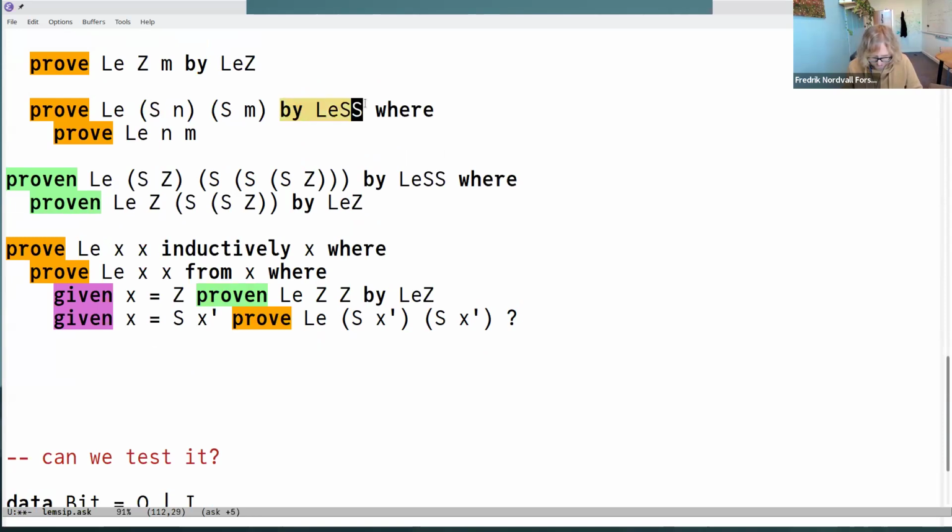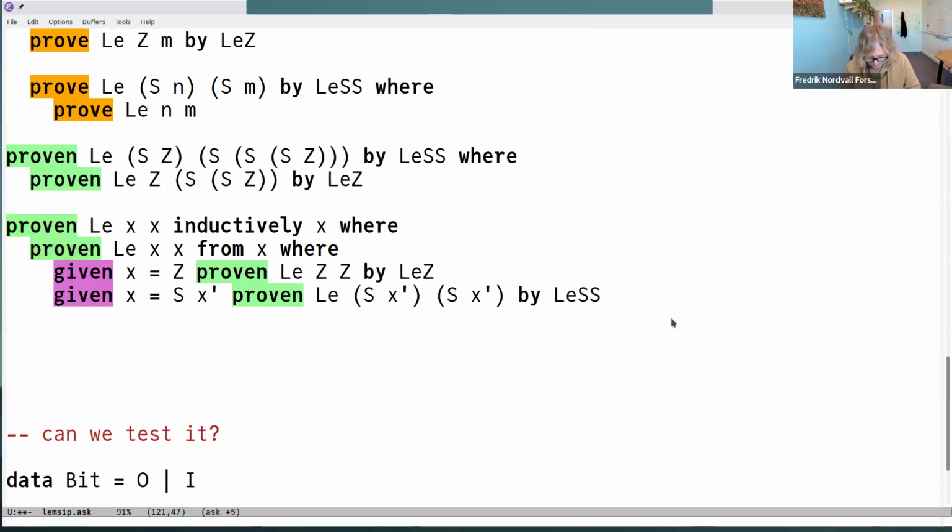So by this rule, I should be able to make some progress. This rule says that I get to know that the successor of x prime is less than or equal to the successor of x prime if only I can show that x prime is less than or equal to x prime. But that's exactly what I know by the induction hypothesis, right? So this is already proven.